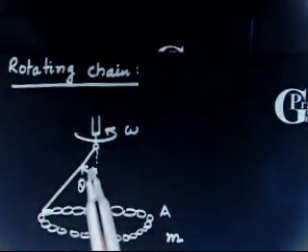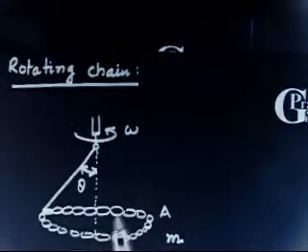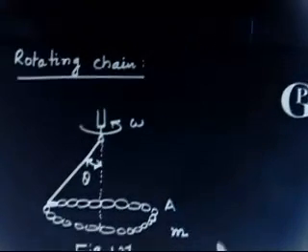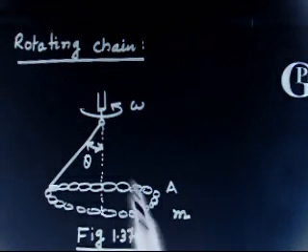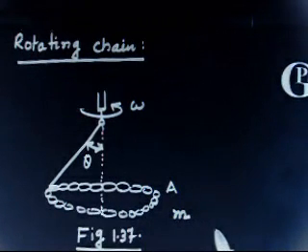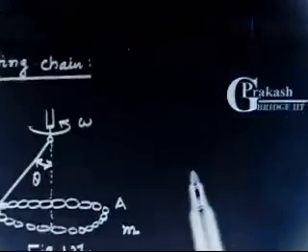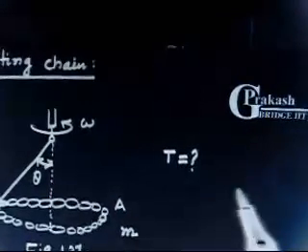This thread is rotating, so this chain is also rotating with constant angular velocity omega. The thread forms an angle theta with the vertical. Find the distance between chain and the center of gravity of rotation axis and the tension in the thread. So we have to find what is the tension in the thread. It's one part.